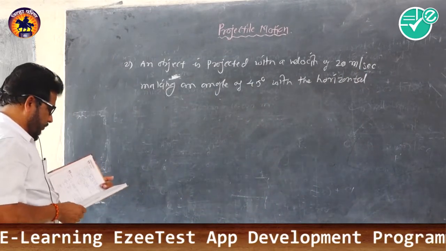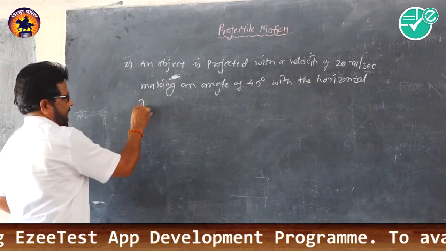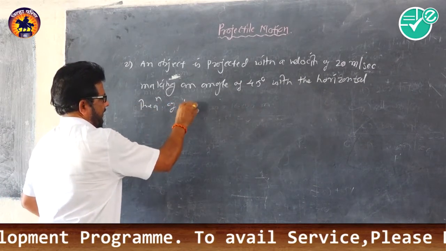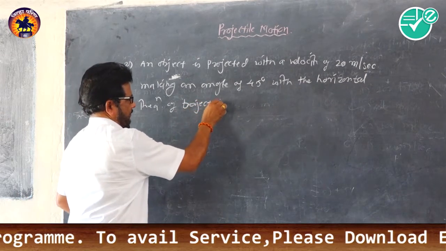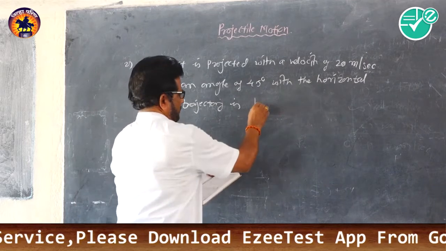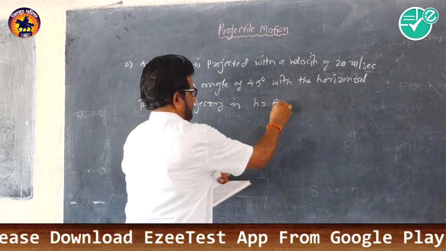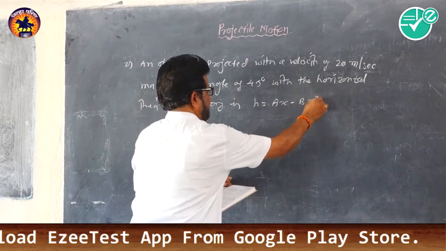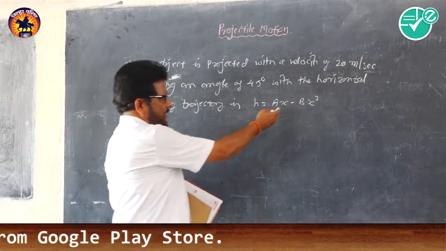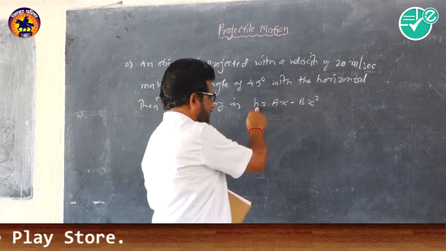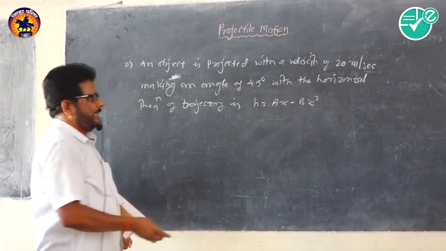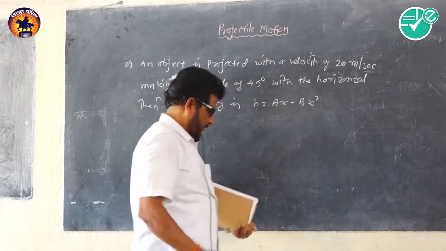For this projectile motion, the equation of the trajectory is h equal to ax minus bx square, where x is the horizontal displacement, h is the vertical displacement, and a and b are constants.